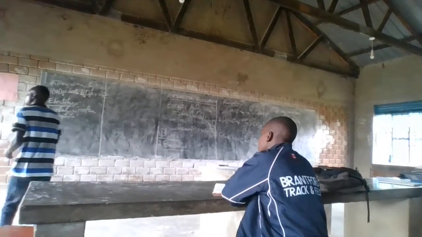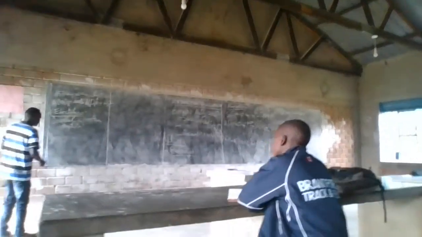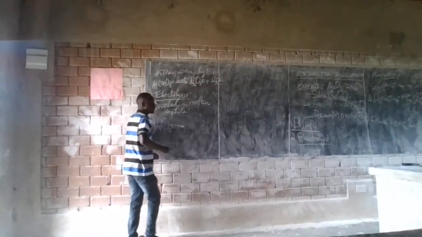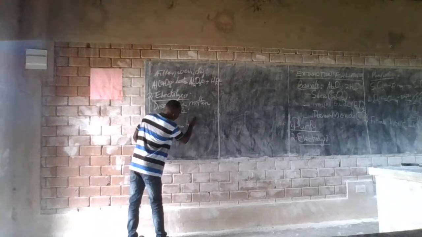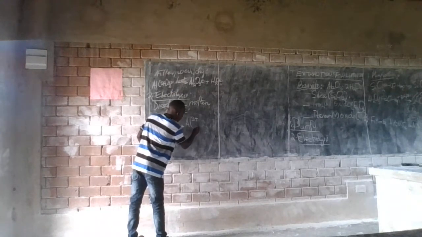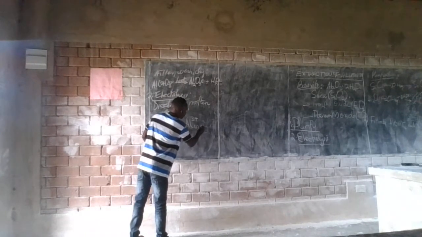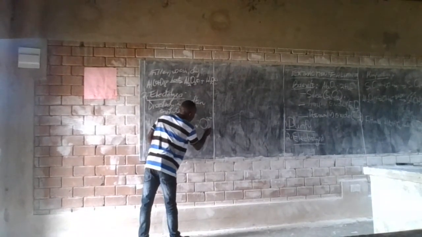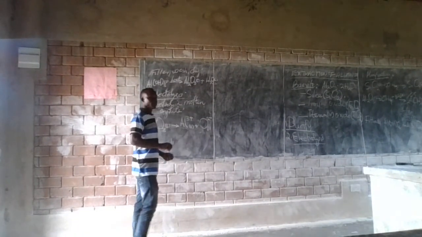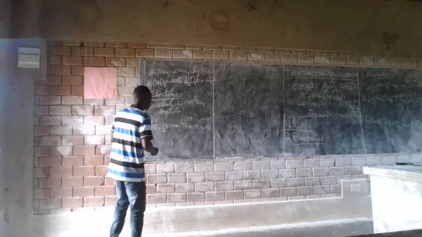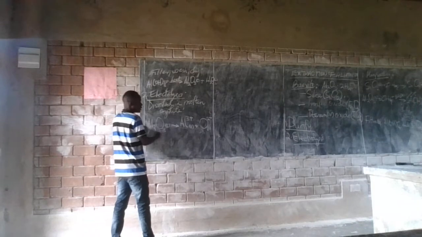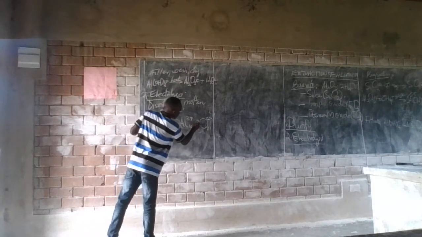Now, after dissolving it in molten cryolite, aluminium oxide, Al2O3, now becomes aluminium ion in liquid state plus oxide ion also in liquid state. We balance. Here I have Al2, so I put here 2, I put there 3.